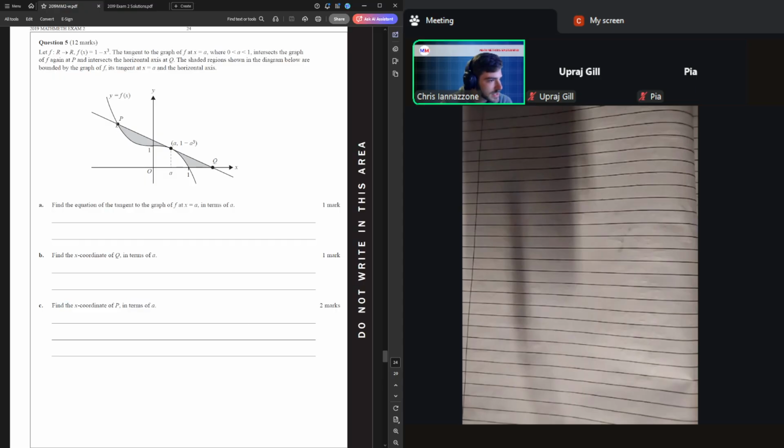X-coordinate of P in terms of a. P is over here as the intersection between the linear and the cubic. Also a similar question.